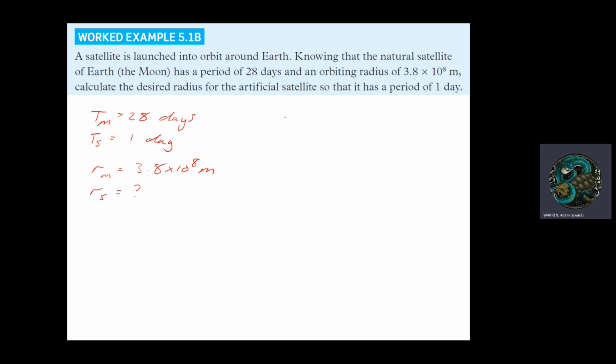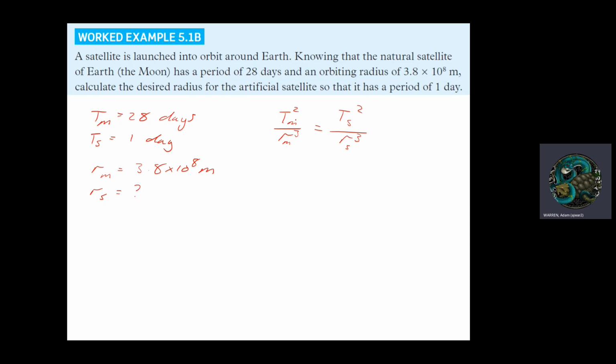So first off, I'm just going to write this. T of the moon squared over radius of the moon cubed will equal K, which will equal the things. I'm just going to ignore the K for now. Period of the satellite squared over the radius of the satellite cubed.